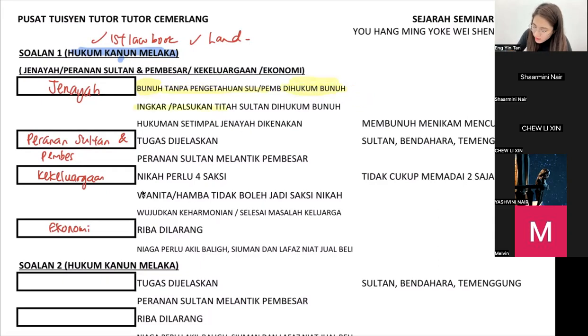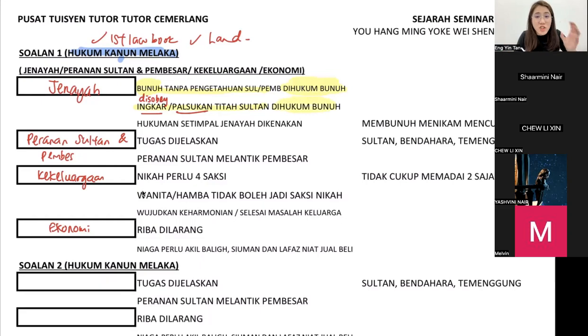So second one, anyone who disobeys the king's order or maybe memalsukan. Ingkar means disobey. So anyone who disobeys, memalsukan means they make fake rules. Maybe they create a fake order from the king. So they memalsukan the titah sultan, hukuman bunuh. So basically everything is hukuman bunuh, okay?